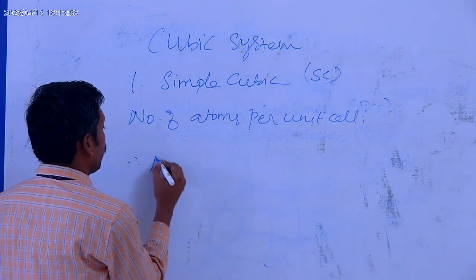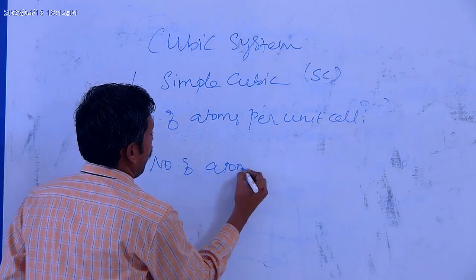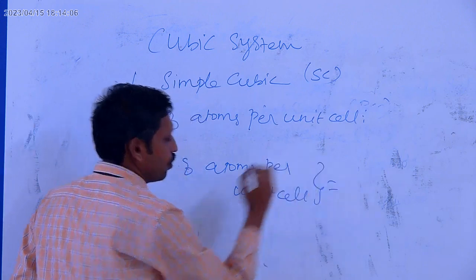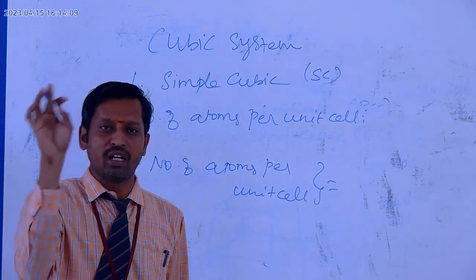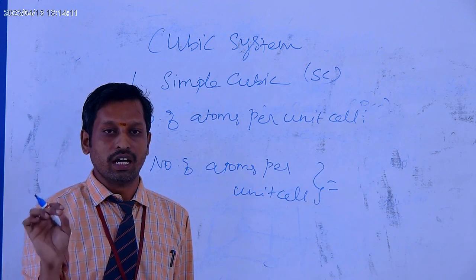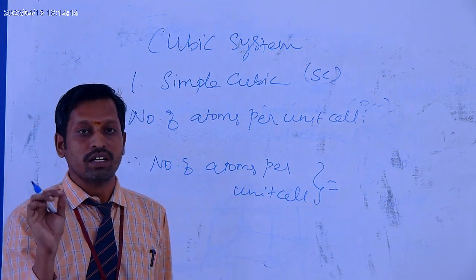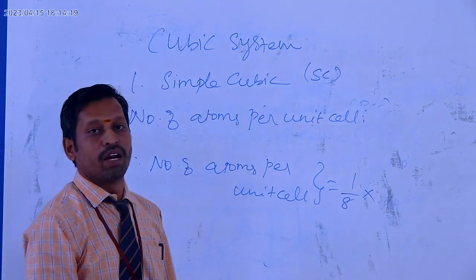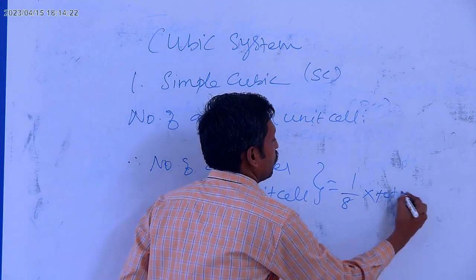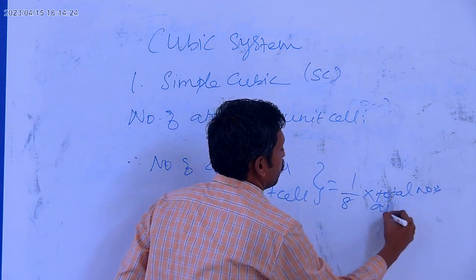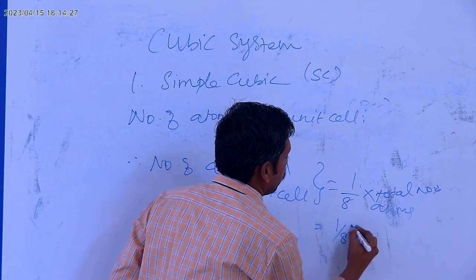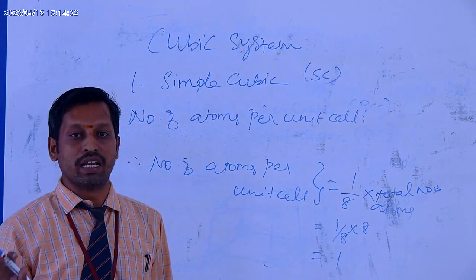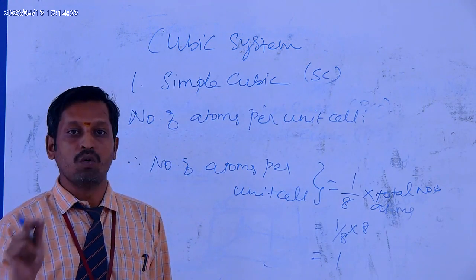Therefore, the number of atoms per unit cell is equal to, each corner atom is shared by 8 unit cells. Therefore, 1 by 8 sharing. So 1 by 8 into total number of atoms, 1 by 8 into 8, which is equal to 1. Therefore, the number of atoms per unit cell in simple cubic structure is 1.